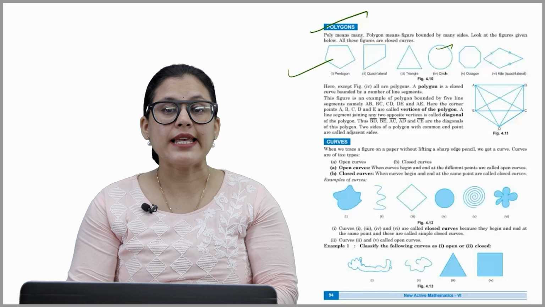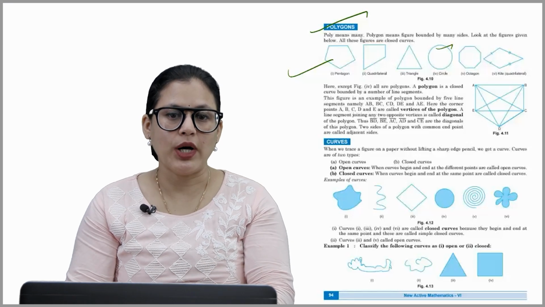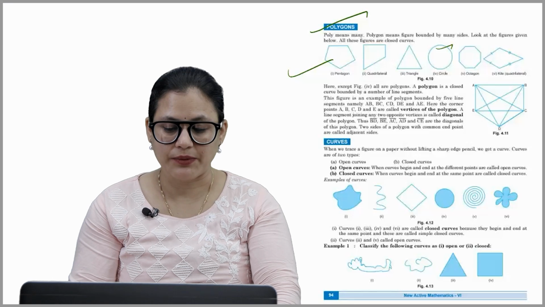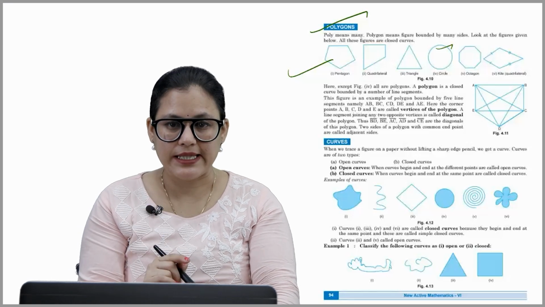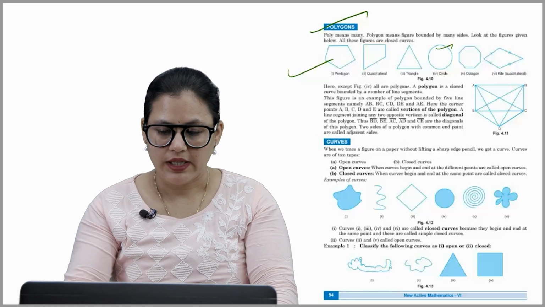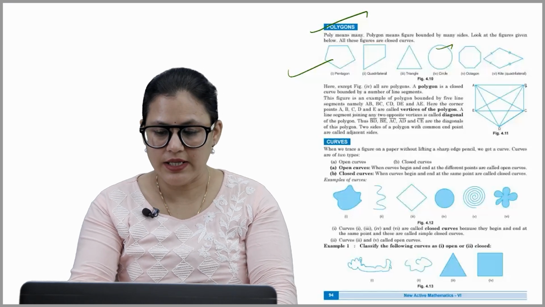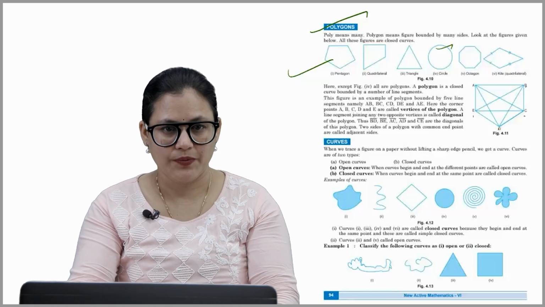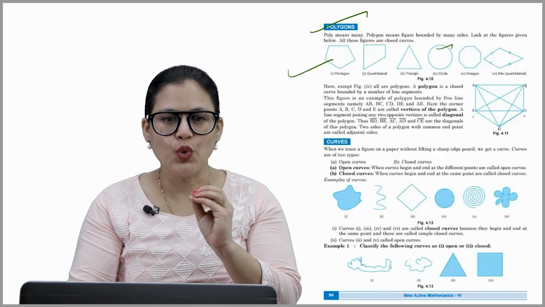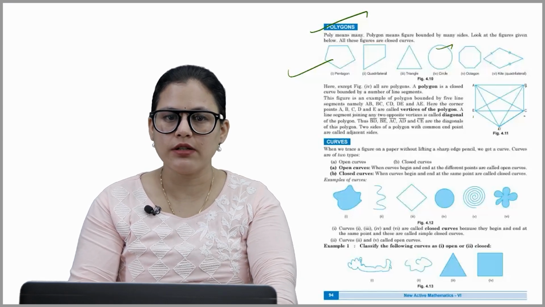This figure is an example of a polygon bounded by 5 line segments, namely AB, BC, CD, DE and AE. Here the corner points like A, B, C, D, E are called the vertices of the polygon. A line segment joining any two opposite vertices is called a diagonal of the polygon.